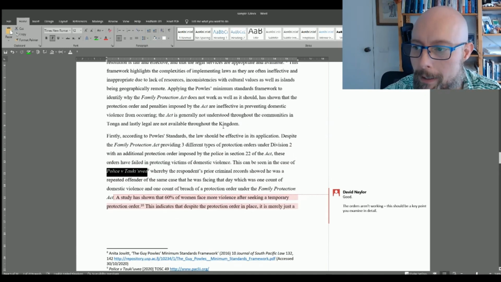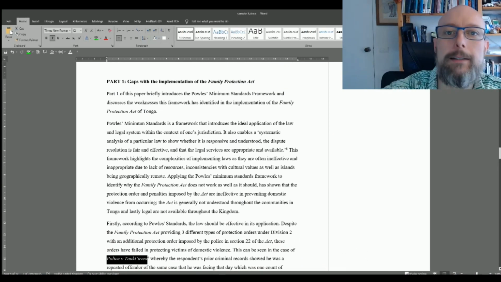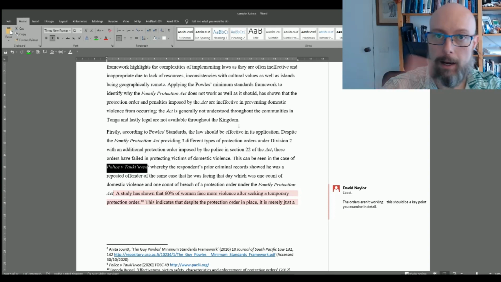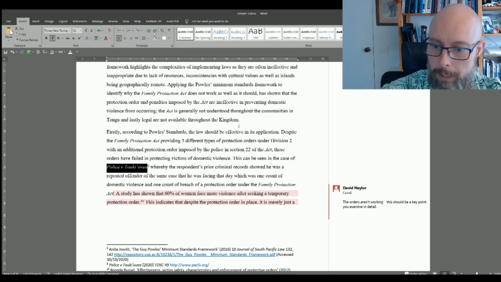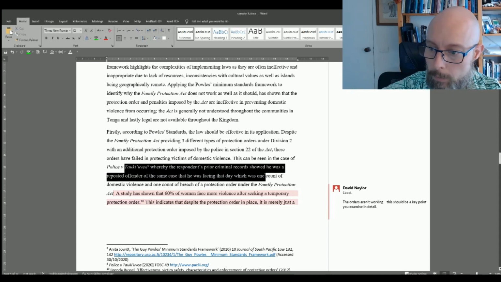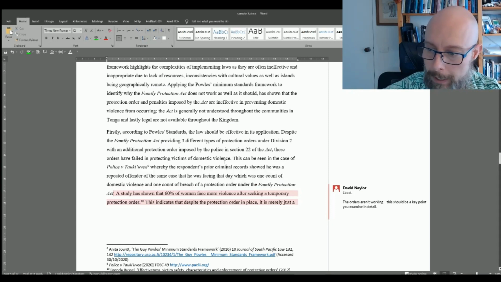That would show me that you understand this exercise, that what you're trying to do is tell me this law has a problem. Look at this as I explain it. Let me explain to you a case where there was a problem and a breach of a protection order.